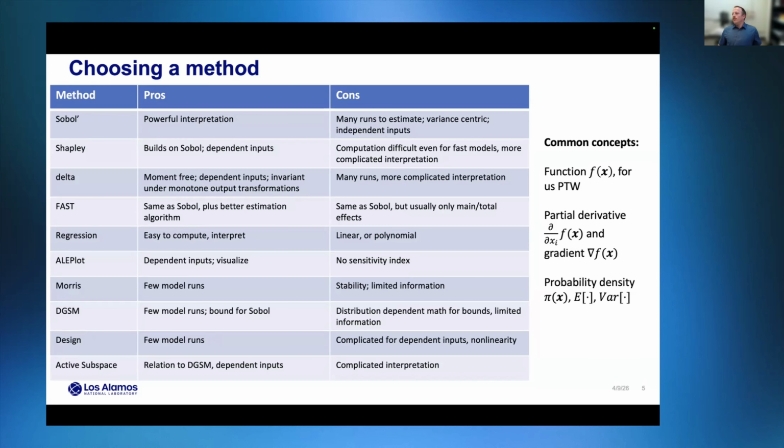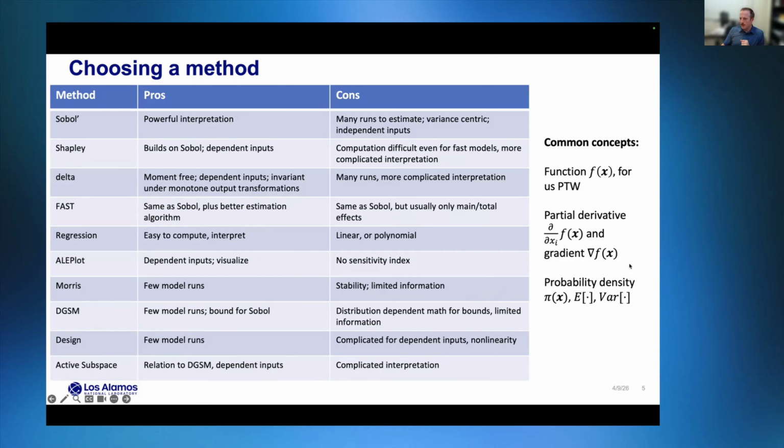And then there's the interesting approach that the probability theory version of this brings. If we think about x, the 10-dimensional inputs, as a vector of random variables, because we have uncertainty about them, we can characterize that uncertainty in a probability density function.